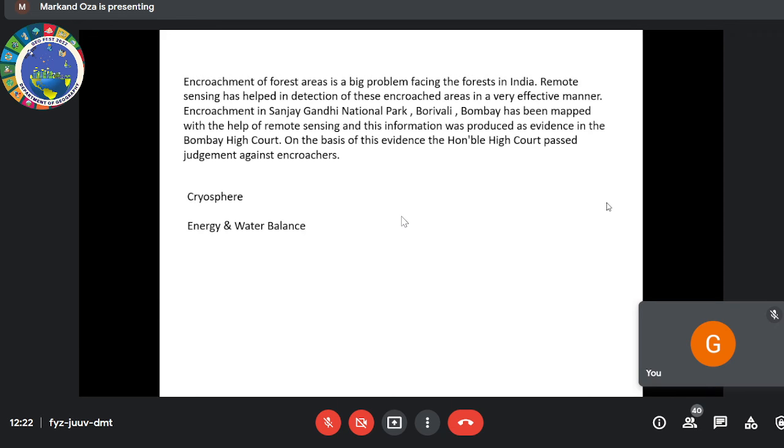So remote sensing data of the past was analyzed, and it was conclusively proved that 12 years before the case was taken up, the area had vegetation. That's why the built up is recent, and there is no legal bound to throw away people who have moved there.